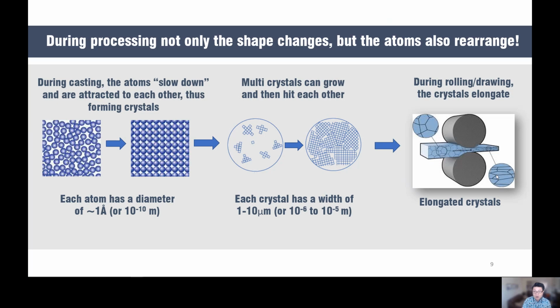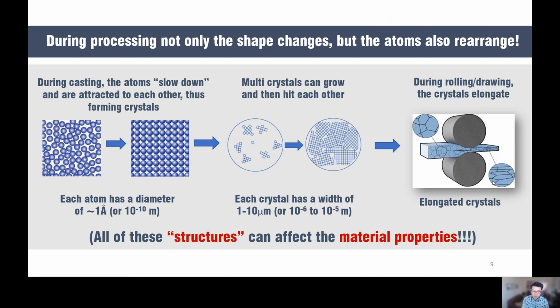These crystals are now more elongated. And you can imagine each of these crystals also involves trillions or even more atoms. There's also a more microscopic level of changes that we'll talk more about in this course. But in short, all these structures, what we call microstructure, can have an effect on the material property and thereby change the performance of the materials.